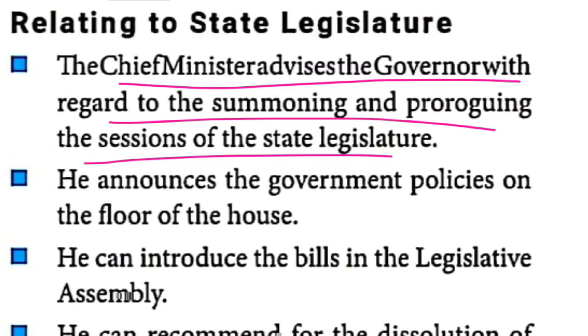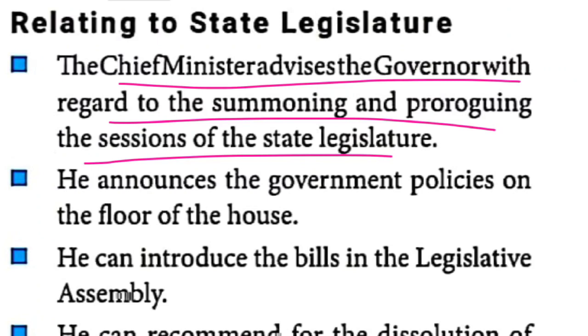I told you in the last class, under the legislative powers of the governor, that the governor has the right to summon the state legislature, he can prorogue it, and he has the power to dissolve it. It is the same thing I am telling here.